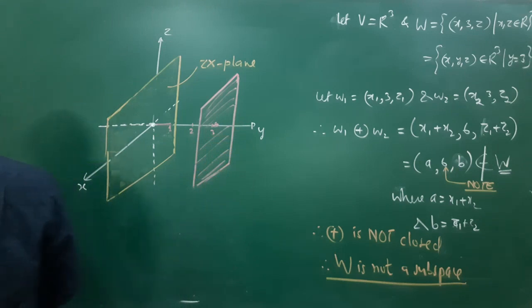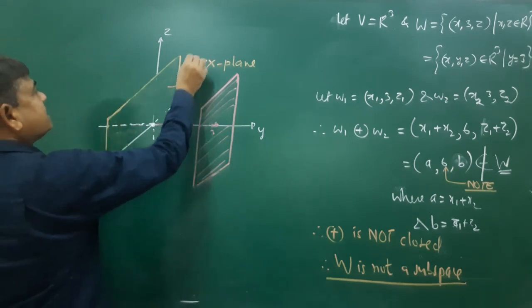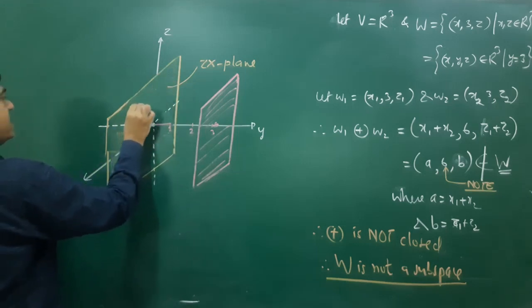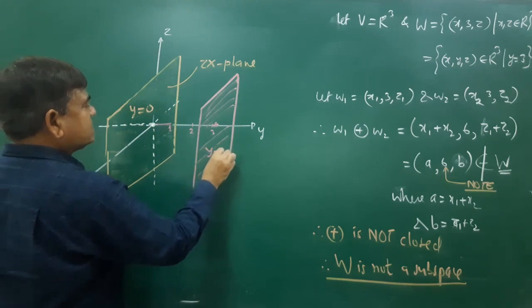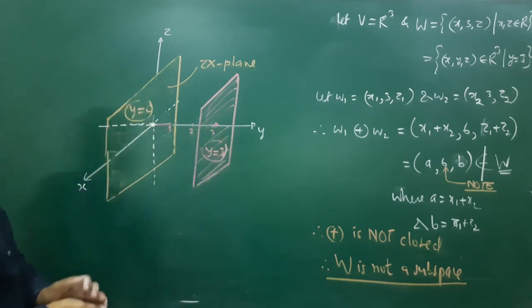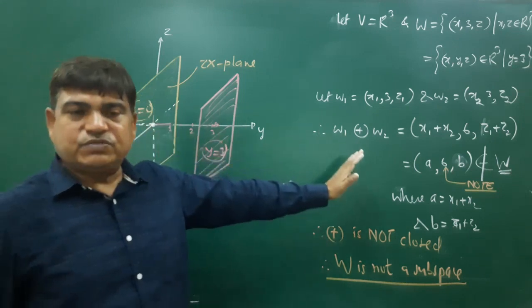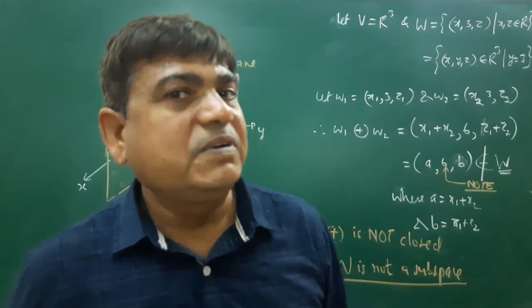This is the ZX plane, and its equation is y equals 0, and this one is y equals 3. So it is 3 units away from this one, and it is not passing through the origin.